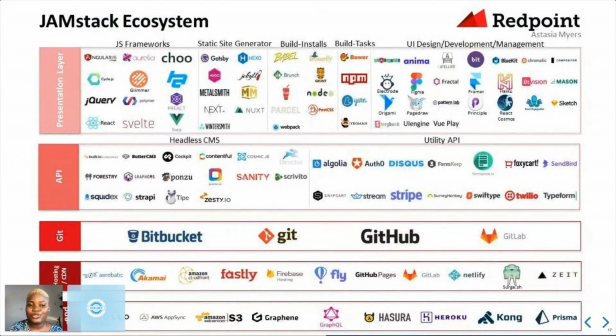There is a huge number of services that are available to you. Most of these services are actually free. We have services ranging from different static site generators, different UI design or development management systems, and headless CMSs to help you manage your content, and the list goes on.